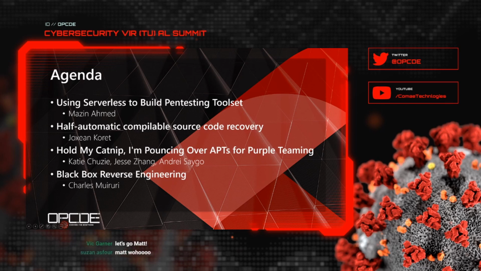I was acknowledged by Facebook, Twitter, and other companies for finding security vulnerabilities in their platforms. I'm interested in web, mobile, infra, security, WAF evasions, software automation, DevOps. And you can reach me at mazinahmed.net.